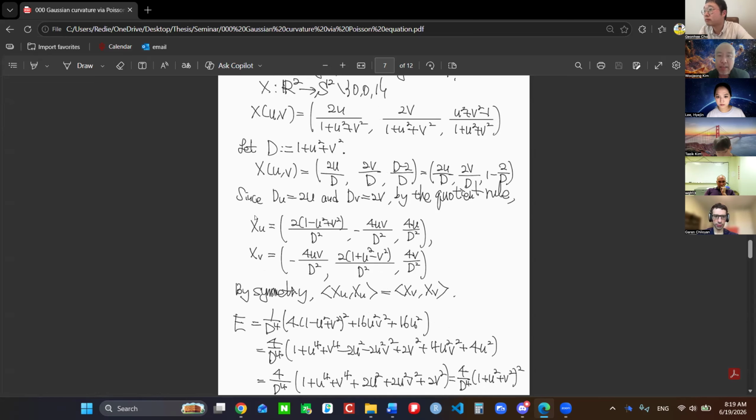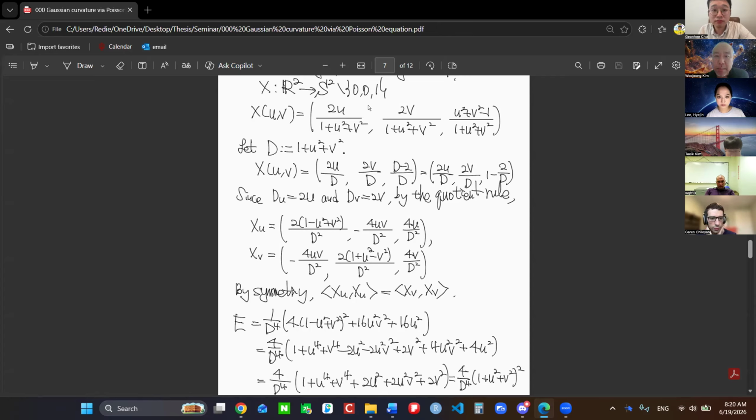Then x partial u, we need to find the derivative using the quotient rule, differentiating with respect to u. And d was 1 plus u squared plus v squared. So we use the quotient rule. So this one is the square of the denominator, and the partial u of 2v is 0.